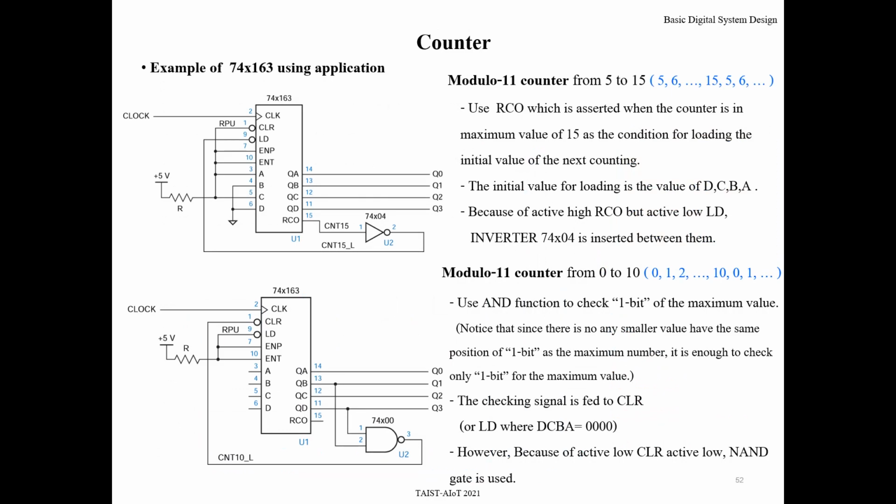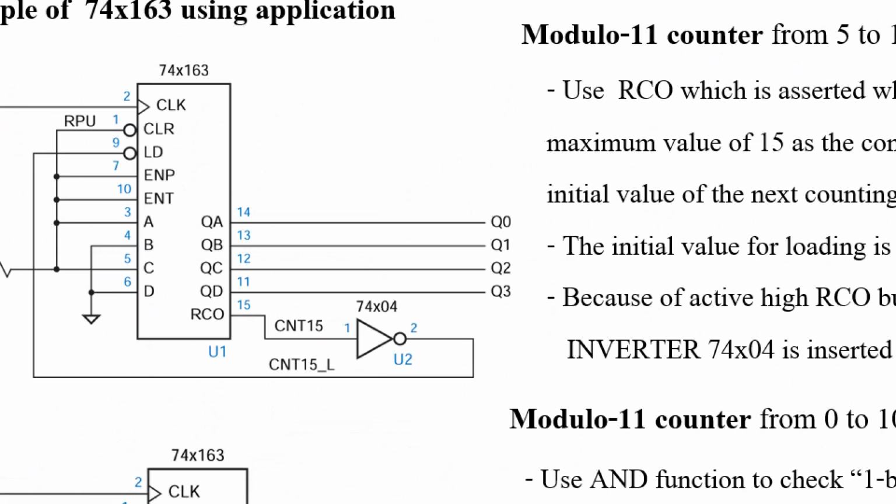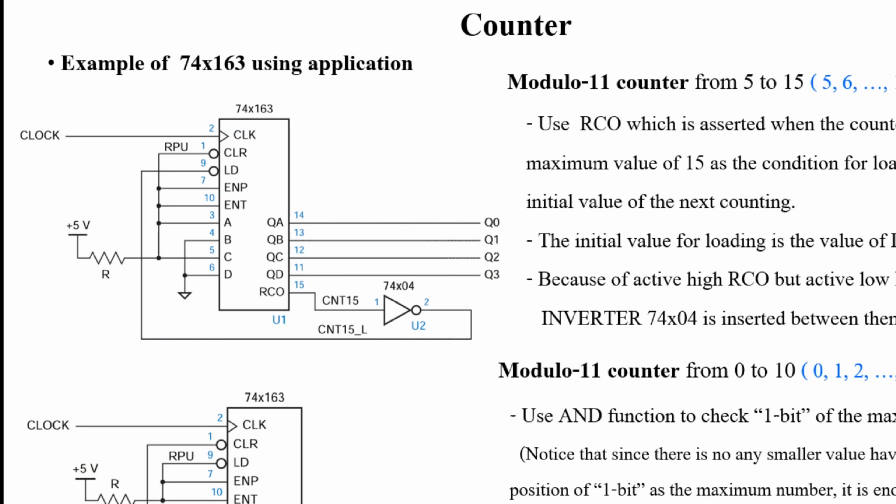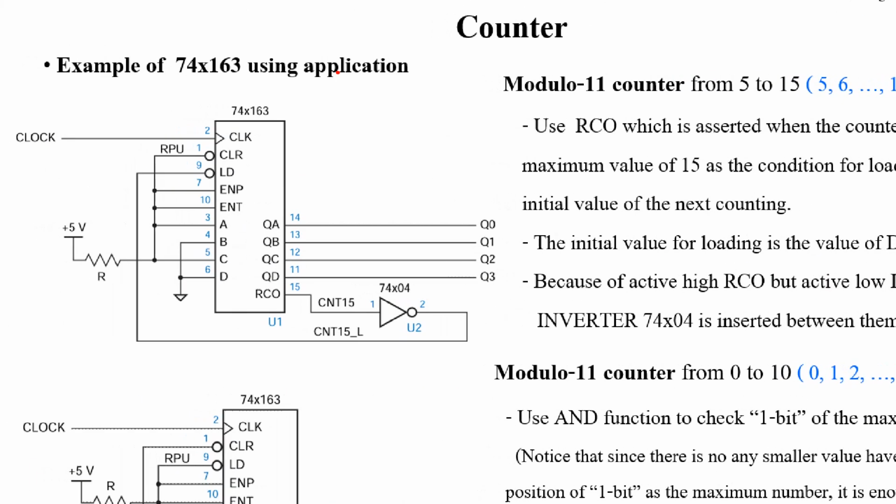And the next page shows some applications. For example, if I want to count from 5 to 15, 5 is 0 1 0 1, then I connect this one to 0 1 0 1.